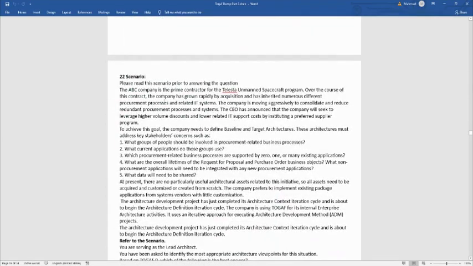Question 22. The ABC company is the prime contractor for the Tesla-named spacecraft, using TOGAF. Over the course of the contract, the company has grown rapidly by acquisition and has inherited numerous different systems.